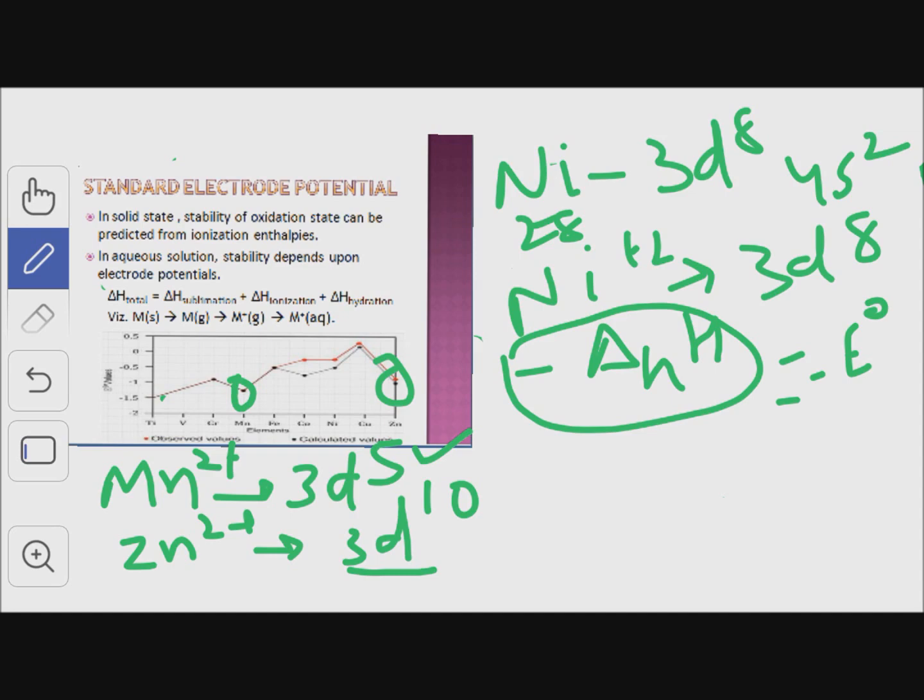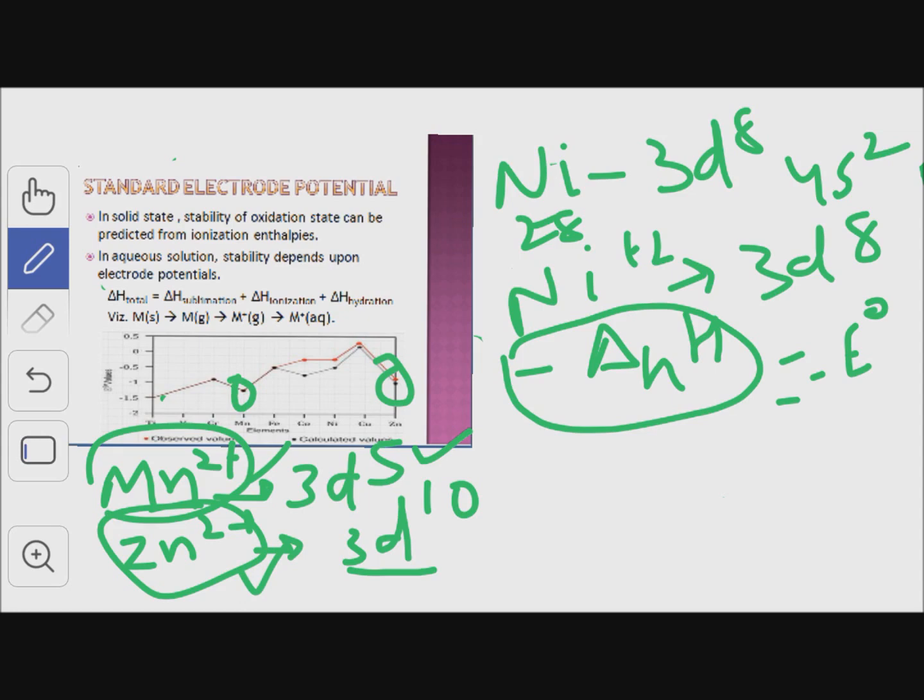They require more energy to remove the electrons. That's why their electrode potentials become more negative as compared to the other members of this series, and these are more stable in +2 state.